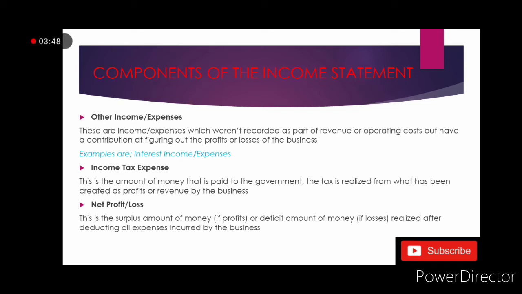But if the figure is negative, if the business still has some debt, some amount of money it has to pay as expenses left over, then that negative figure is a net loss.